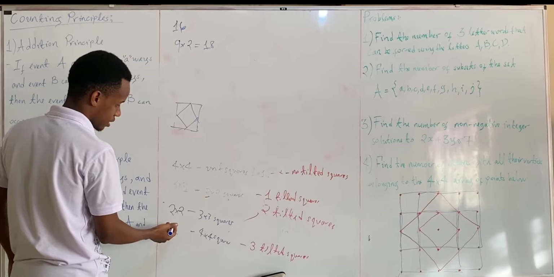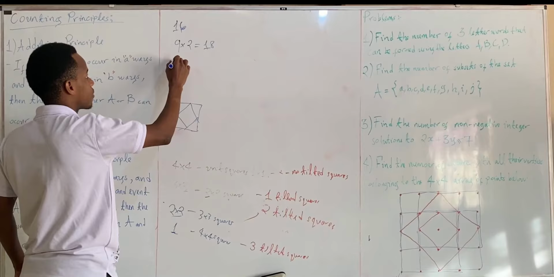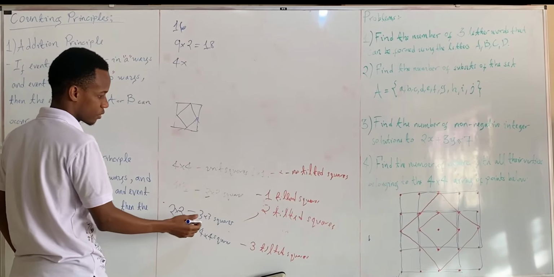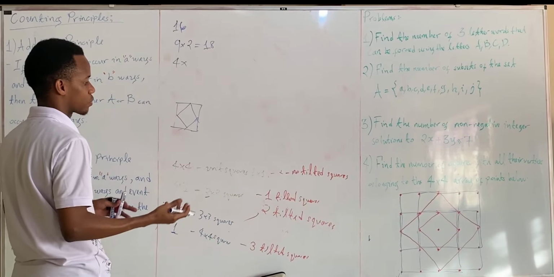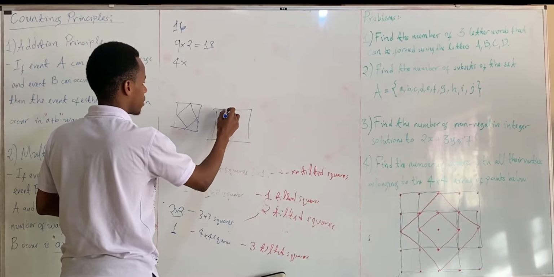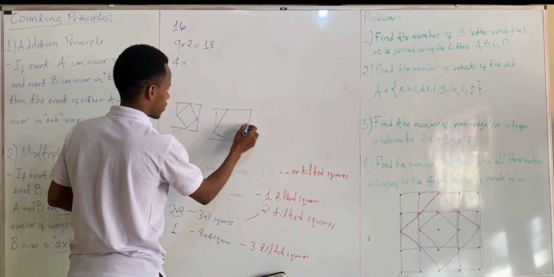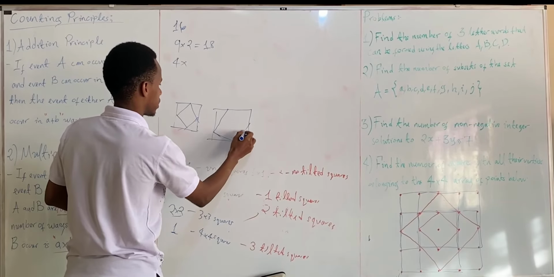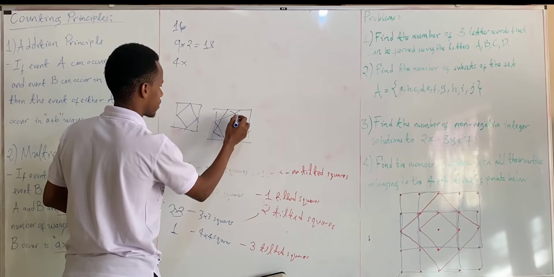And for the third category, we have 3 by 3 squares, which you have seen there are 4 of them. And each of the 4 contains 2 tilted squares. So if we include the tilted squares, they are like this. We saw there are 2 of them.